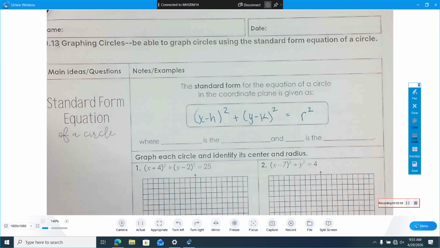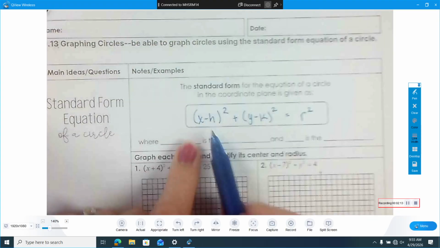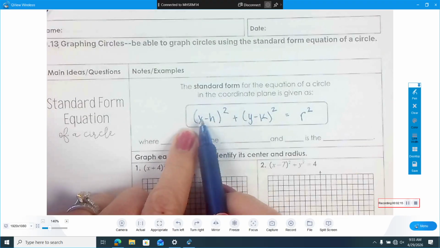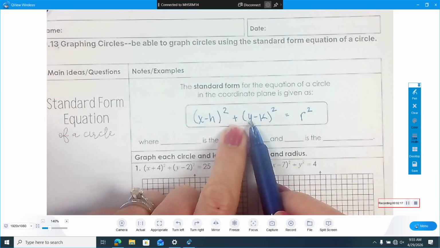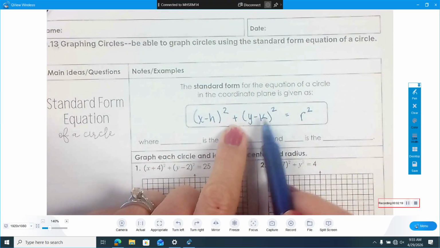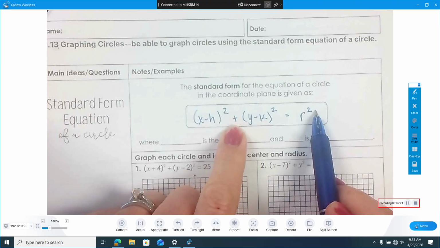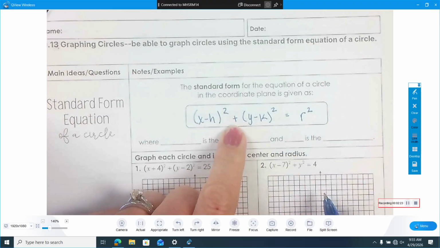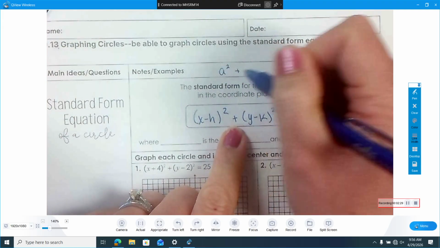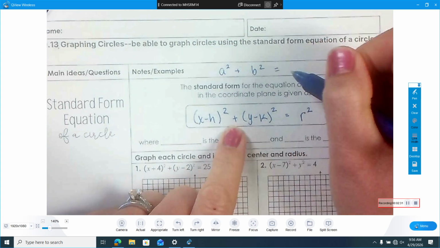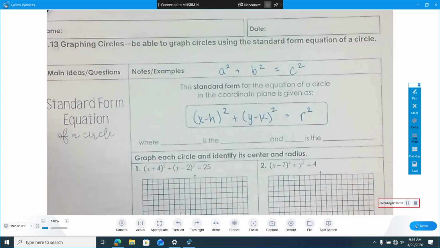It looks really complicated, but this is the standard form. You'll notice we have x squared plus y squared equals radius squared. Doesn't that look like another formula we know, like a squared plus b squared equals c squared? Pretty similar.